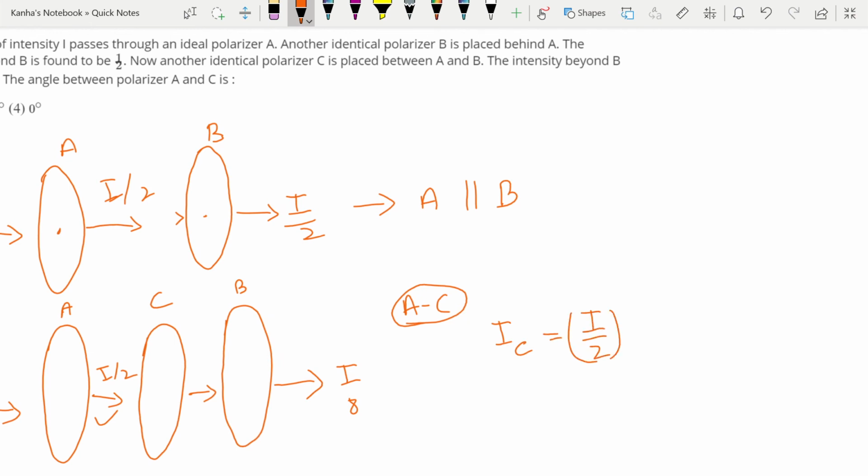It is I by 2, into cos square theta. Let's say this is theta AC, theta between A and C.